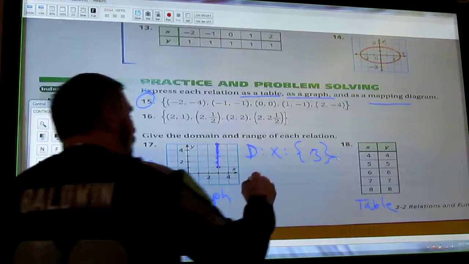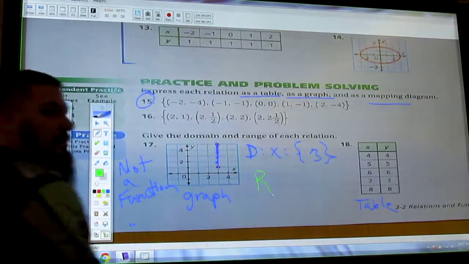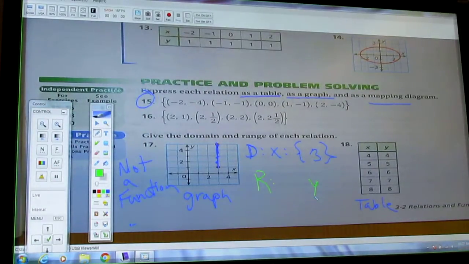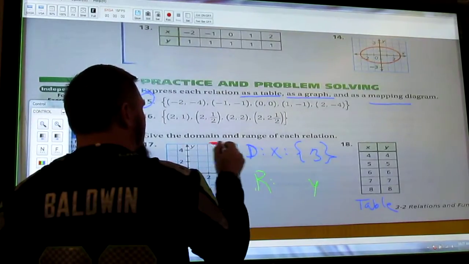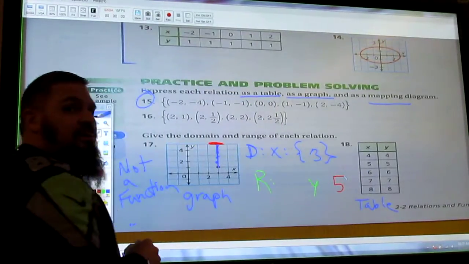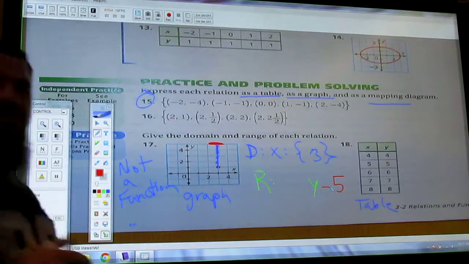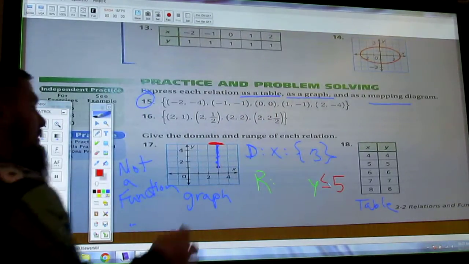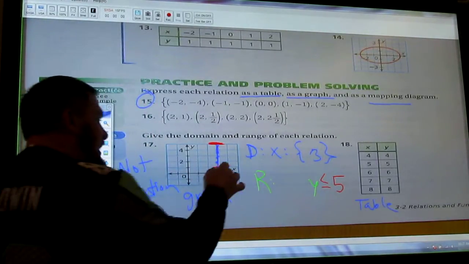Okay? But R, let's change color. R, right? Such that the y, what's the highest y value? Let's switch this to 3. What is this? 5. So is it equal to 5? Yes. Is it also less than 5? Yes. Does it equal 1? Is there a solid dot here?